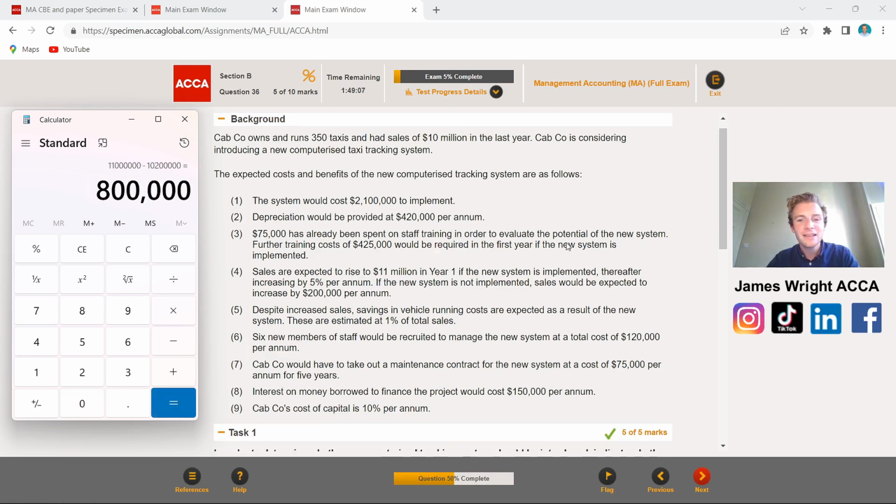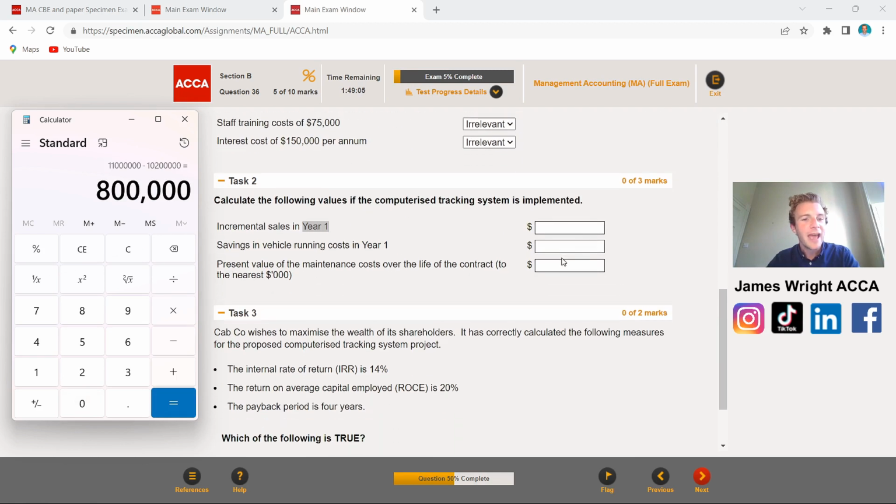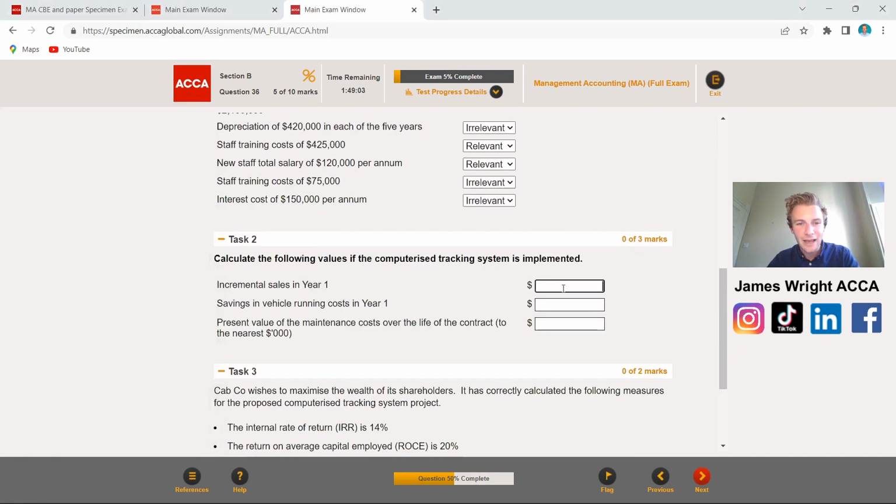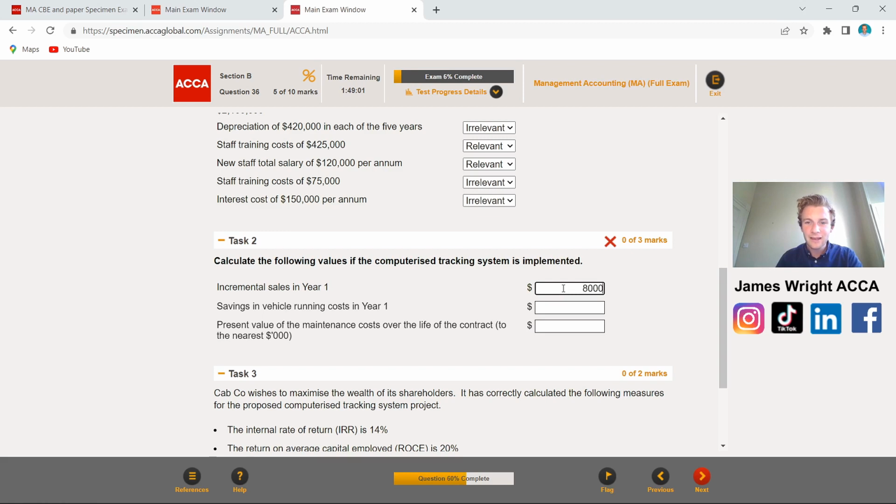So that is going to give us incremental sales of $800,000 on there. And it asks us to give the figure as a whole figure on there. No 2, James. There we go. So 800,000, that is what we need to have a look at on there. And to get it in the right format, if it had thousands on the side there, we'd only have to put in 800 because the system's already taken into account the thousands.